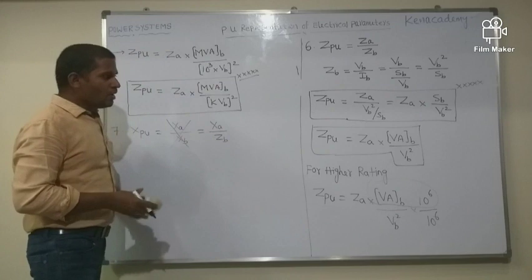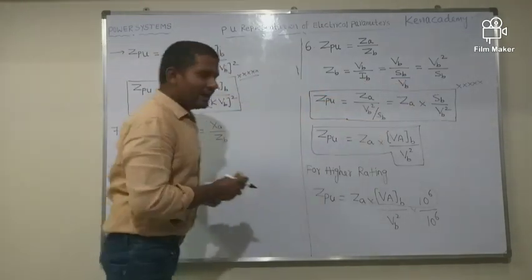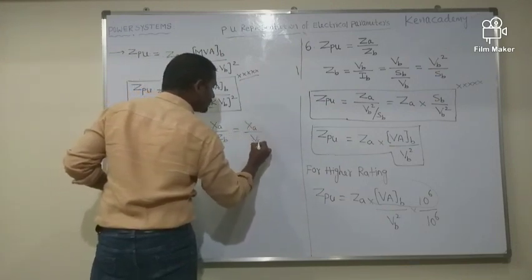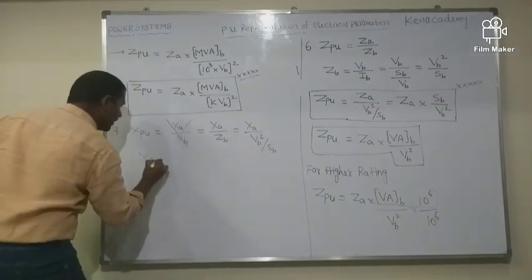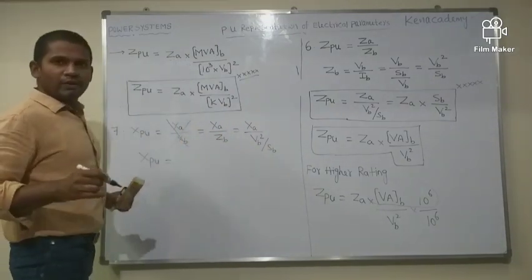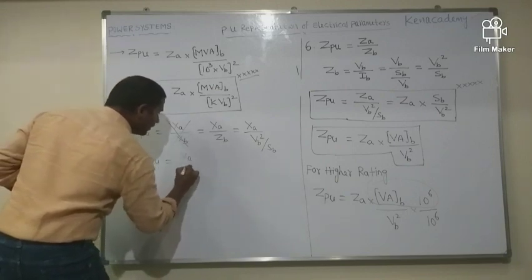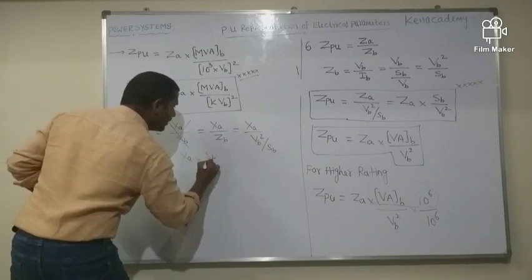This point you remember. Then what is the X actual by Z base? This is correct. What is the Z base? I already calculated. VB square by SB. That is X actual by VB square by SB. Now tell the students, X per unit equal to X actual into SB by VB square.